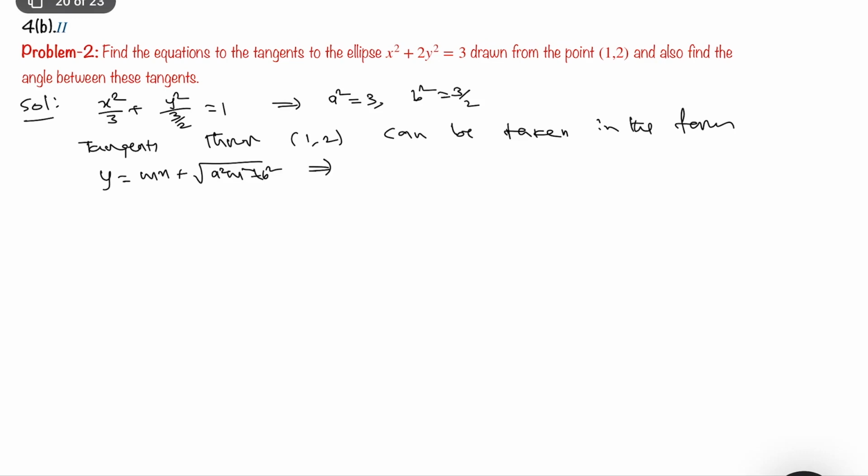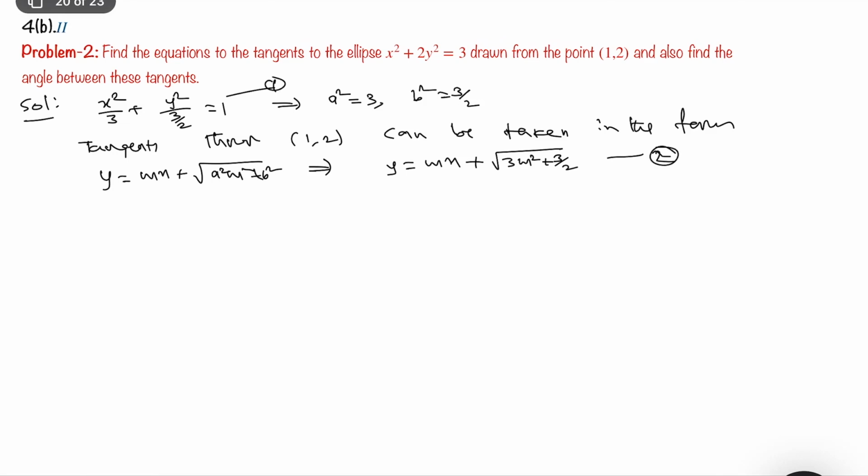That is, tangent will be in the form y equal to mx plus, here a square is 3, b square is 3 by 2, under root 3m square plus 3 by 2. Fine. Okay, let me call it this one 1, this one 2.